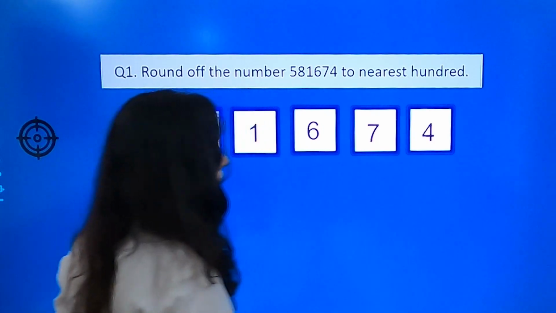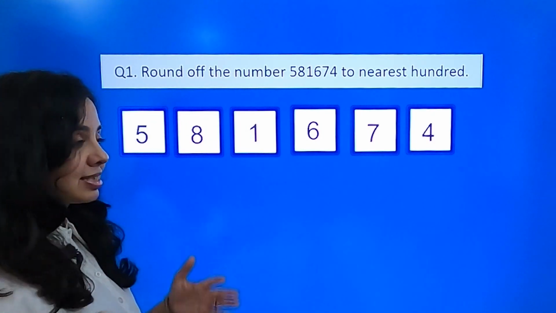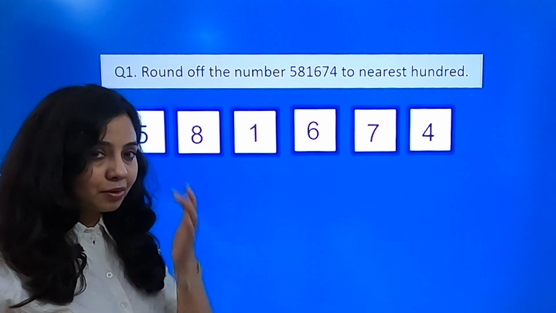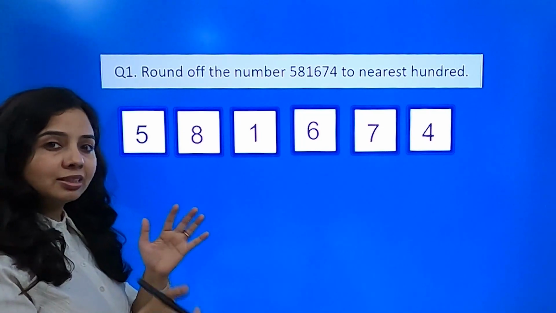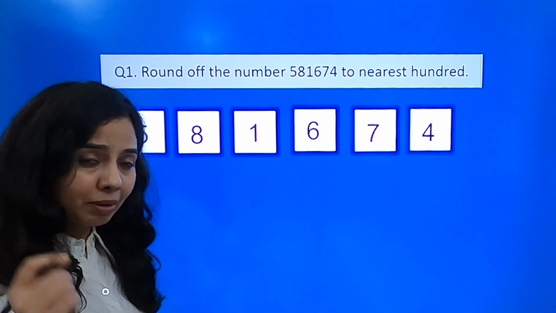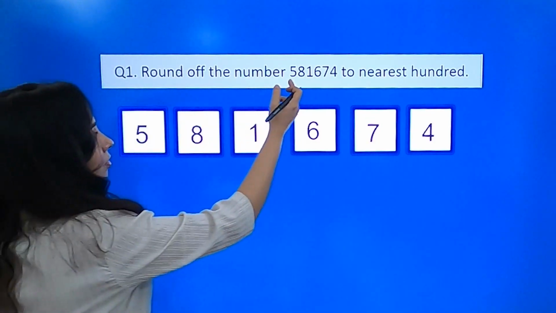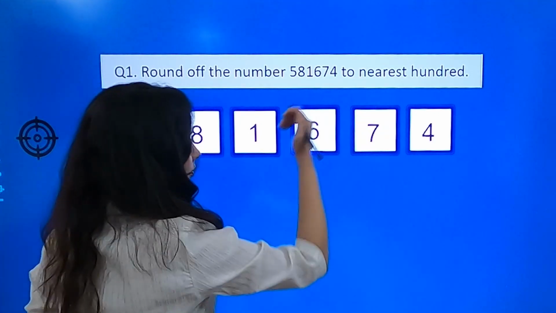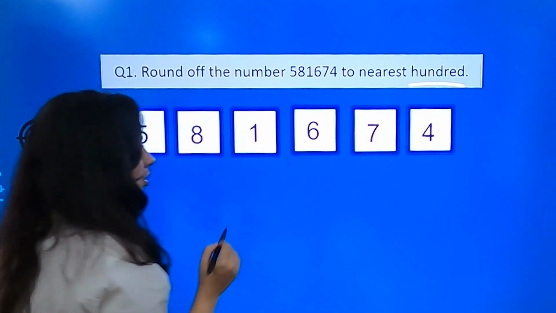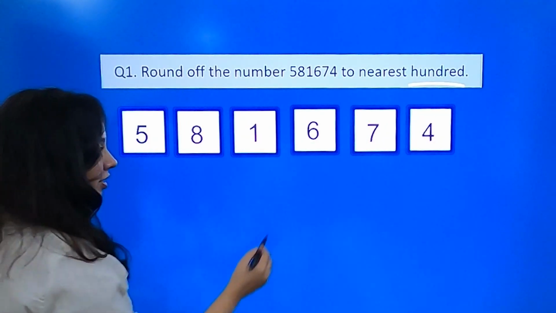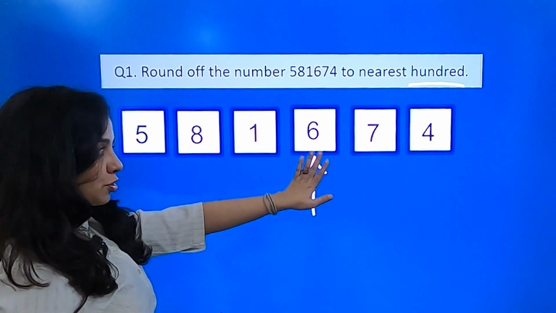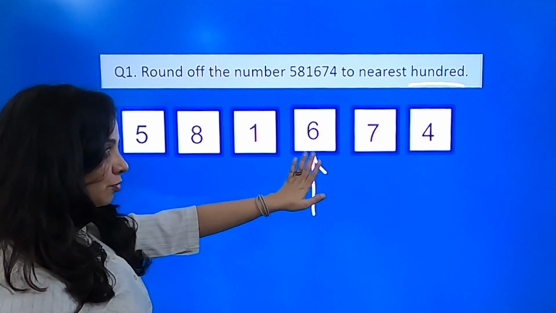Because we have done the steps not in continuation, but there was a gap, let's understand the same example but a little faster. You remember the number was 581674 and we have to round off to nearest 100, right? First we have to find out which is our focus digit, which has to be rounded off.